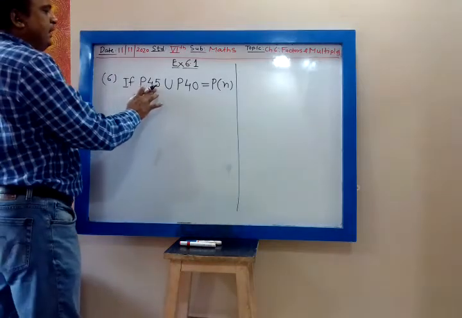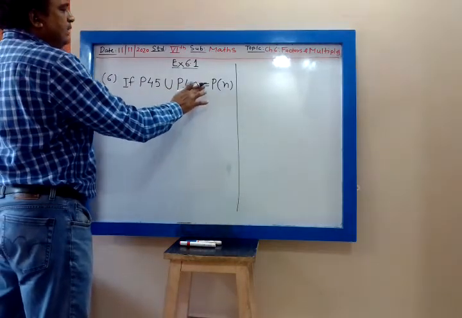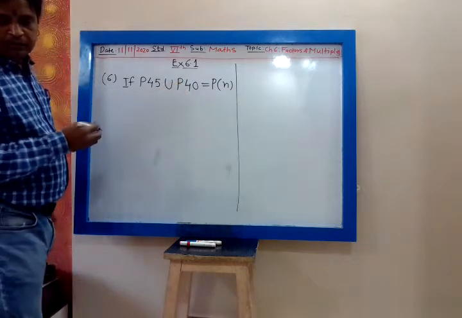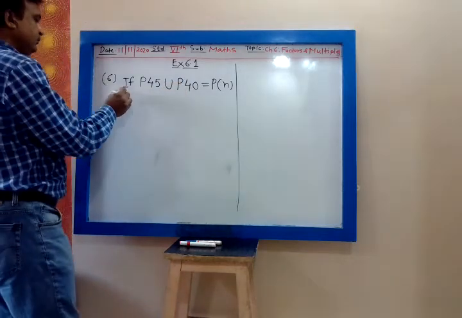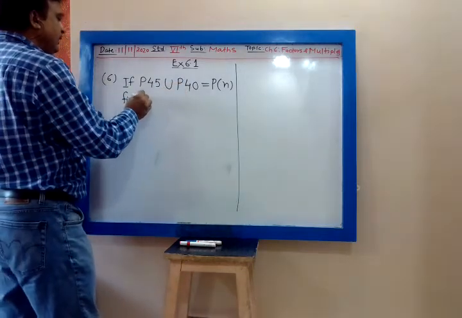Prime factor of 45 union prime factor of 40 is equal to Pn. Find the value of n.